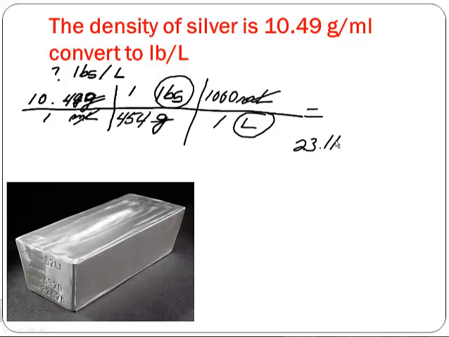So I'm going to round to 4 significant digits based on the initial number. That's what I want to base it on. And this is pounds per liters. That is my final answer.